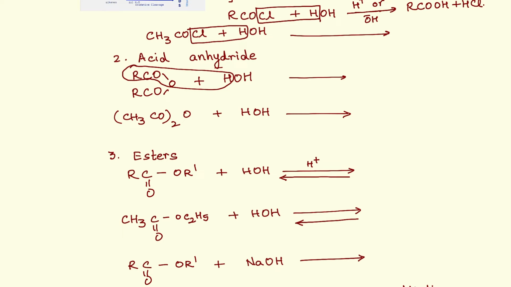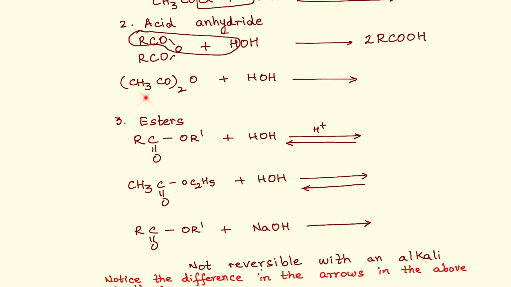Go ahead. Now complete the next reaction, that is acetic anhydride, CH3CO whole twice O. What is this CH3CO whole twice O? Teacher, why are you confusing us? Don't worry, I'm going to make it easy. See, CH3CO whole twice, and they are connected by oxygen.